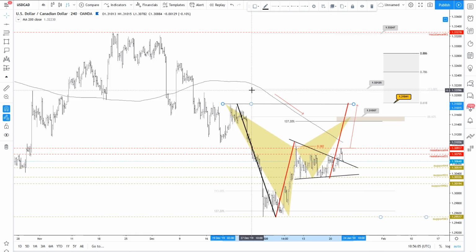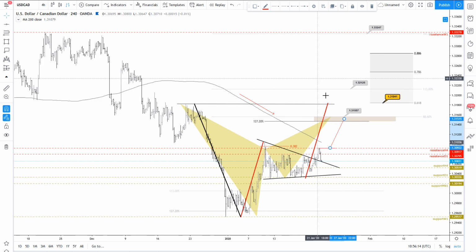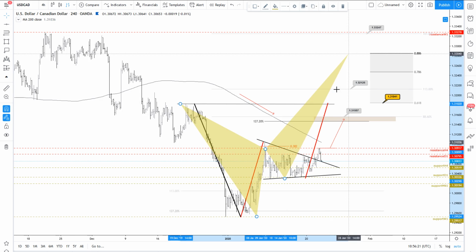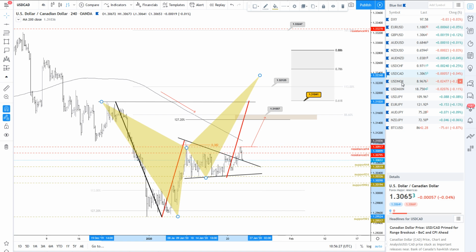If the market forms this pattern, the market needs to respect this high. So if the market starts to trade above these highs, we will invalidate the pattern. So you already know where the pattern will invalidate. And if that fails, we may see the Canadian dollar searching for higher prices. Let's wait and see what will happen there.